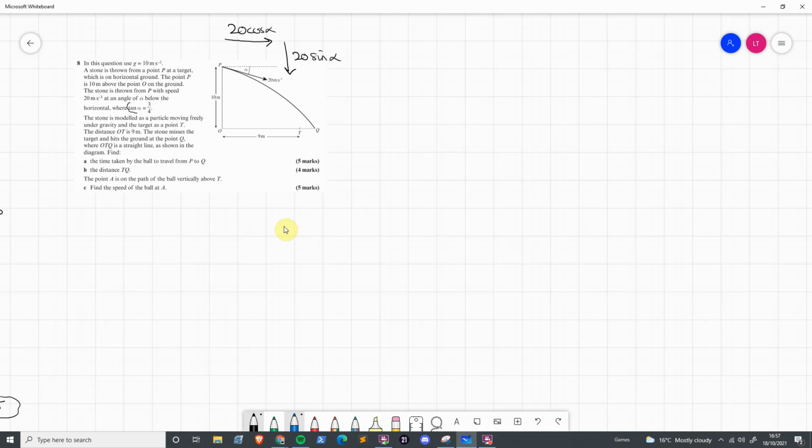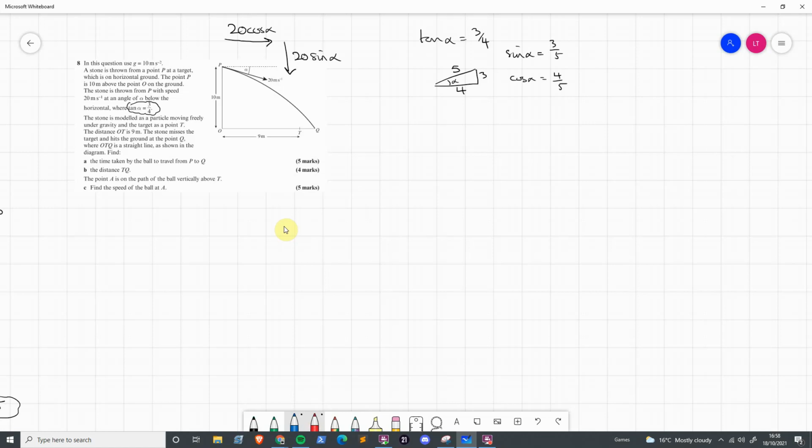I've just spotted in the question here that tan alpha equals 3/4. That means that if we had a right angle triangle with alpha there, opposite over adjacent, that must be a 5. So sine alpha equals opposite over hypotenuse, and cos alpha equals adjacent over hypotenuse.